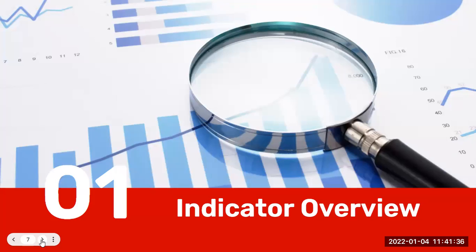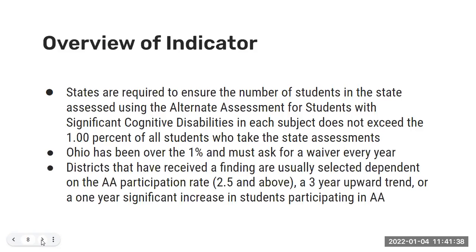Okay, we're going to take an overview of this indicator. Most of you know states are required to ensure the number of students that are assessed using the alternate assessment for students with significant cognitive disabilities in each subject does not exceed the 1% of all students who take the state assessments.